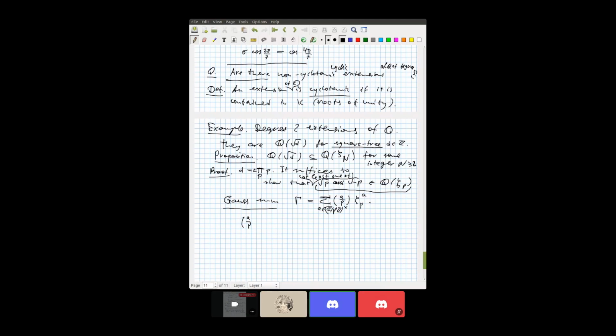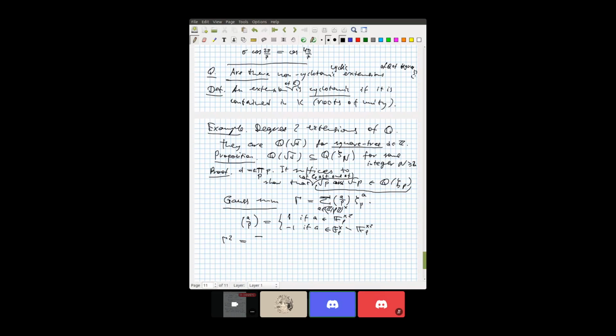The Legendre symbol is equal to 1 if a is a square and -1 otherwise, if it is not a square. Now let's try to calculate gamma square.